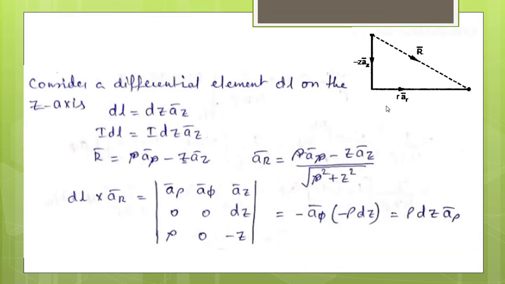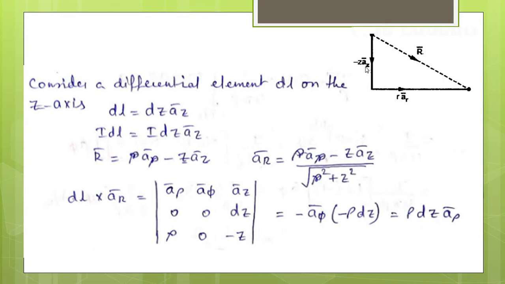Now from the previous diagram we can take this one. So this is the point P and this is the point dl. dl is along the z axis, so we can write the value of dl as dz into az. Multiplying with I on both sides, we get I dl is equal to I into dz into az.